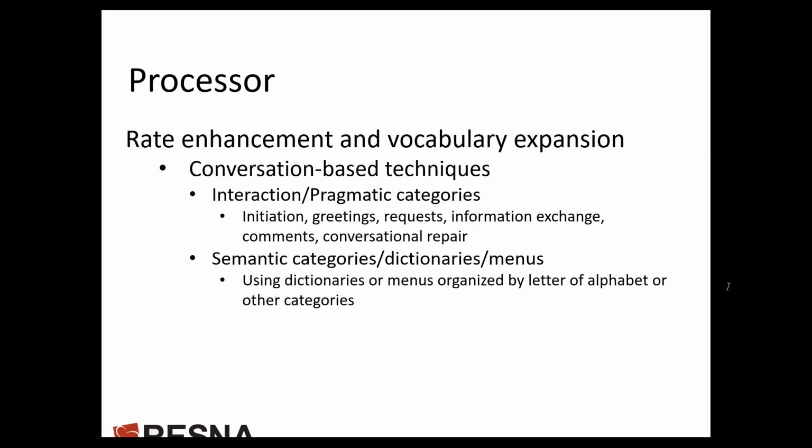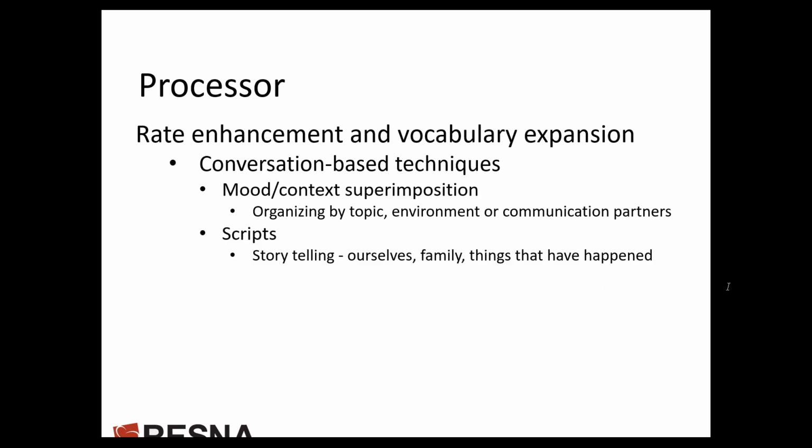Those are all important, right? In semantic categories, using dictionaries or menus organized by letter of the alphabet or category is also going to help increase our rate and expand our vocabulary.